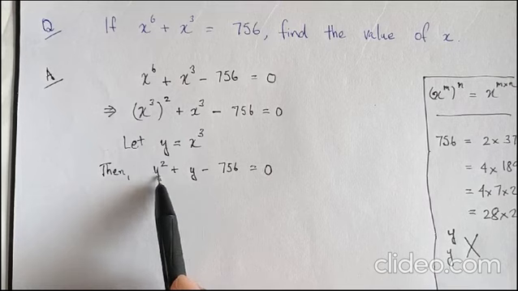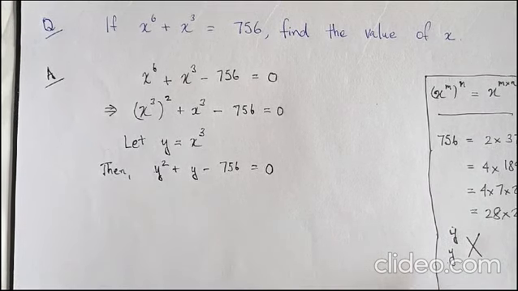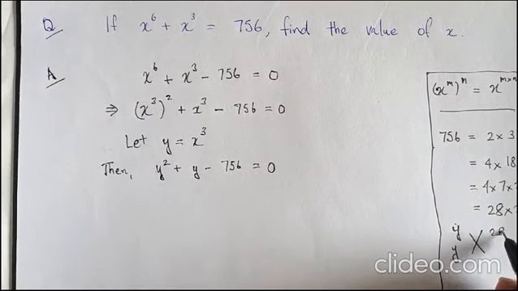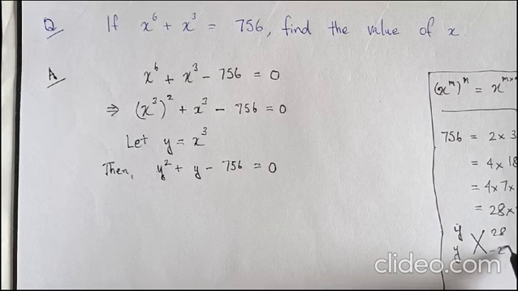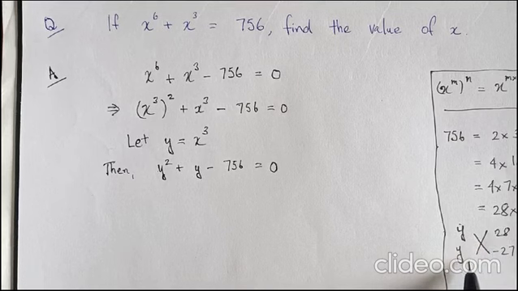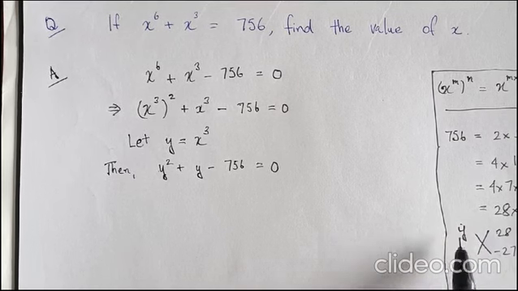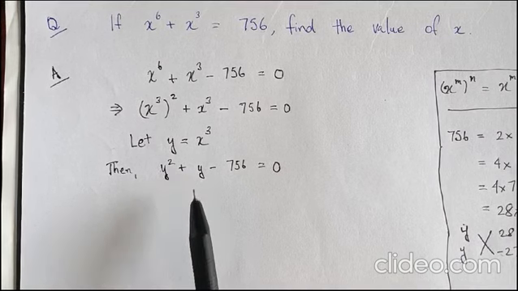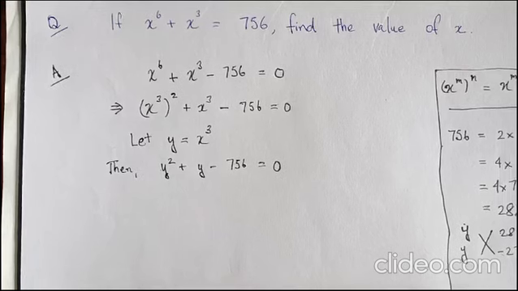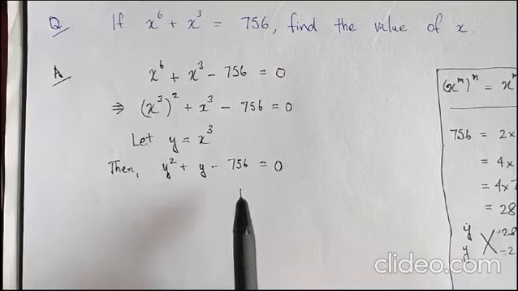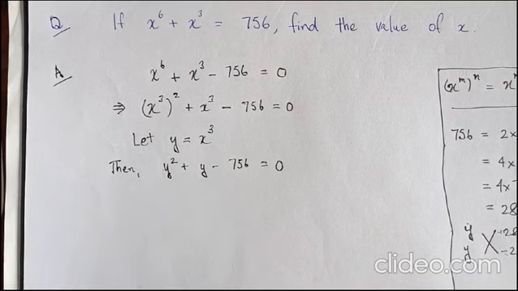So breaking this up, y into y, one factor will be 28, one factor will be minus 27. Why would that be? That would be because 28 into y minus 27y will give us the positive y that is here, right? So we have a plus 28 minus 27, multiplying these two gives us minus 756.